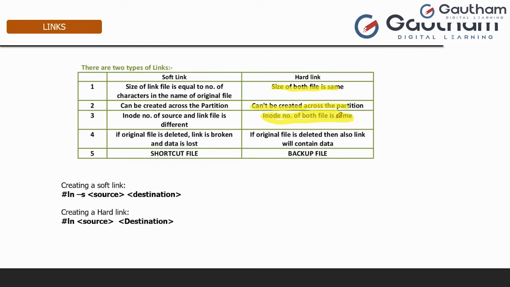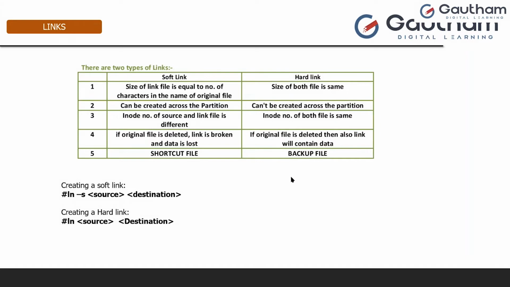So as one partition cannot access another partition's inode, the restriction is that the original and link file should be in the same partition to access the same inode. And here is the real beauty. If the original file is deleted, the link will still preserve your data. So it's actually a linked backup file.